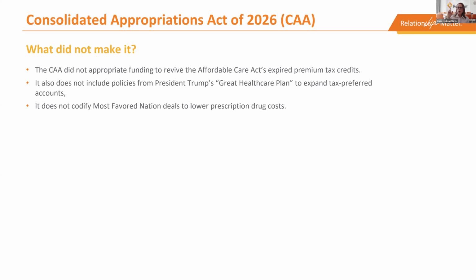But if you do go out on the Trump website, you will see information on the Trump RX program. Some of it will benefit a commercial population, but it's really more about if the individuals themselves go out there. And I think I have a slide on that as well.